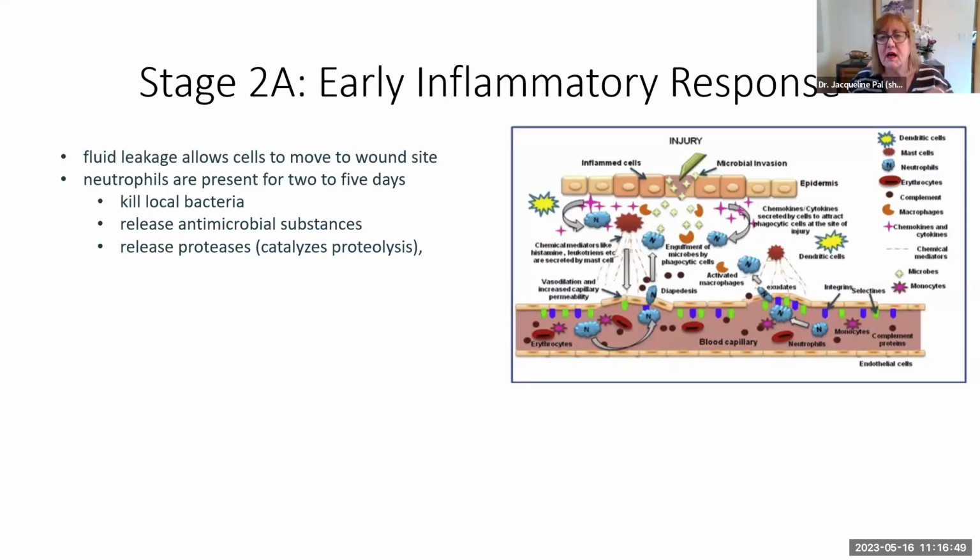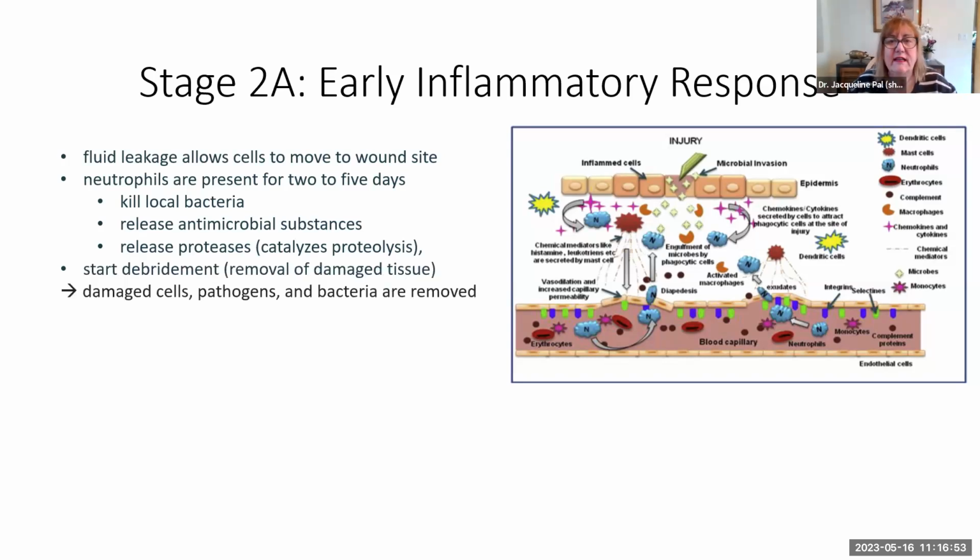So the neutrophils become macrophages. Not only are they looking to phagocytose bacteria, but they're going to phagocytose damaged tissue. This process is called debridement, where we're getting rid of damaged tissues. The microscopic level of this is going to be happening from the macrophages.